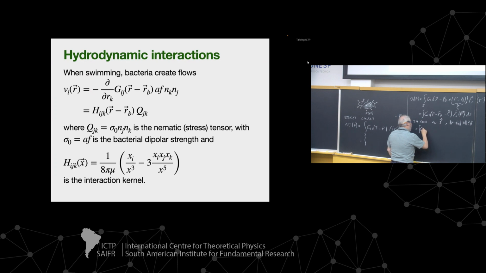This is G_ij (R minus R_B), but I don't want to write too much. Because when you do the Taylor series, you get a term that does not depend on chi times F_j.